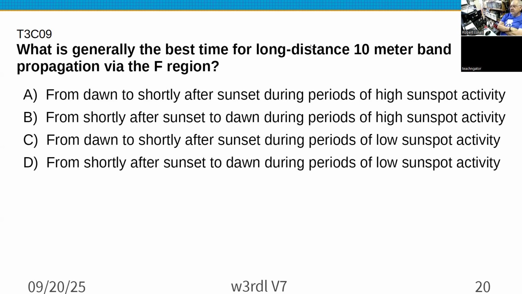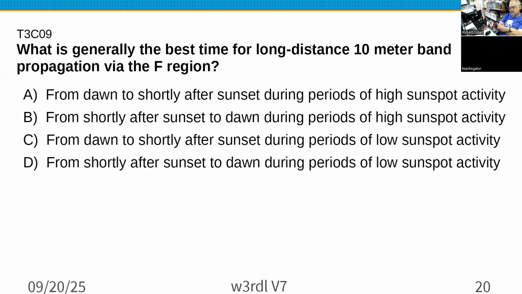What's different about the first two and the second two? Well, one is dawn to sunset, sunset to dawn. Well, it's the high sunspot activity and low sunspot activity that's got me right now. Okay. The long distance, oh, that would be yeah, long distances is going to be at night. So, oh, 10 meters.